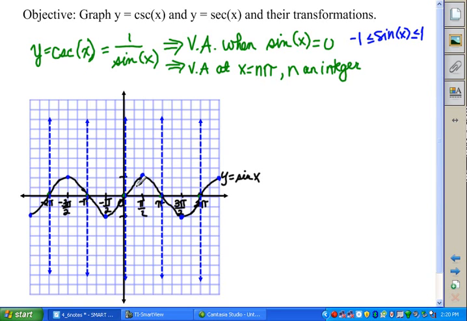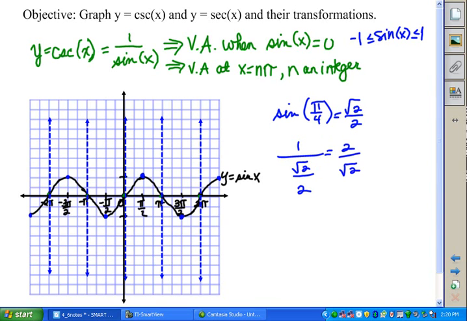Let's think about what cosecant of pi over 4 would be. Sine of pi over 4 is the square root of 2 over 2. So if we do 1 divided by the square root of 2 over 2, which is equivalent to the cosecant, we would get 2 over the square root of 2.